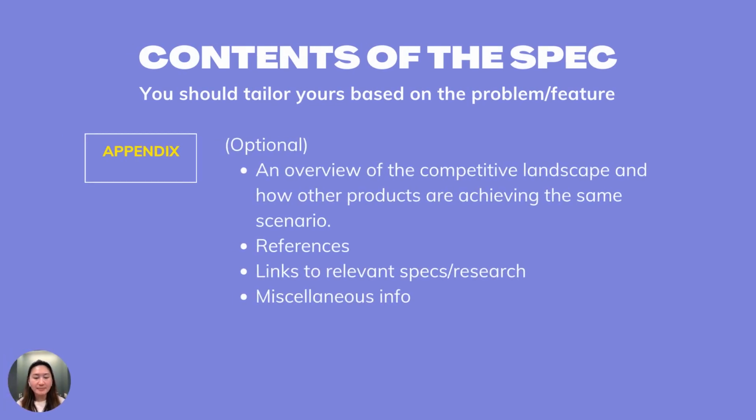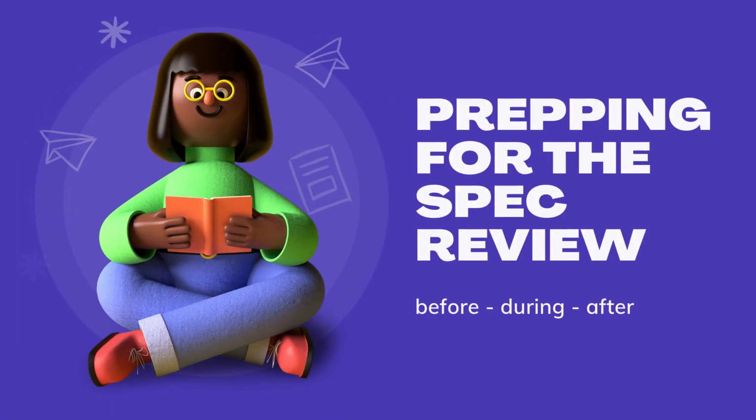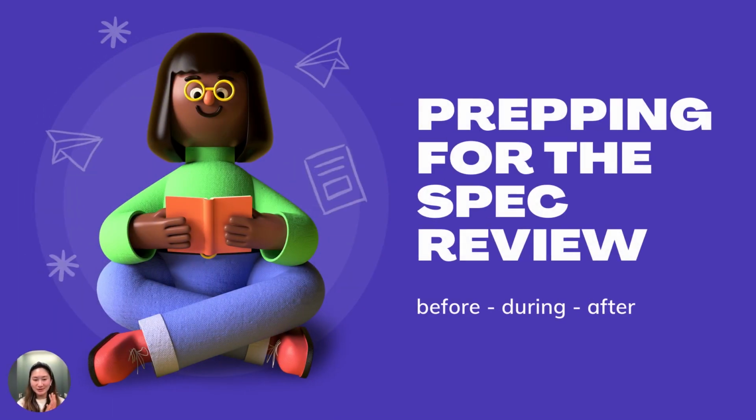This is optional, but you could also have an appendix section that could include information about the competitive landscape, how other products are achieving the same thing, and any references or links to relevant specs, research, anything that didn't fit in the previous sections.